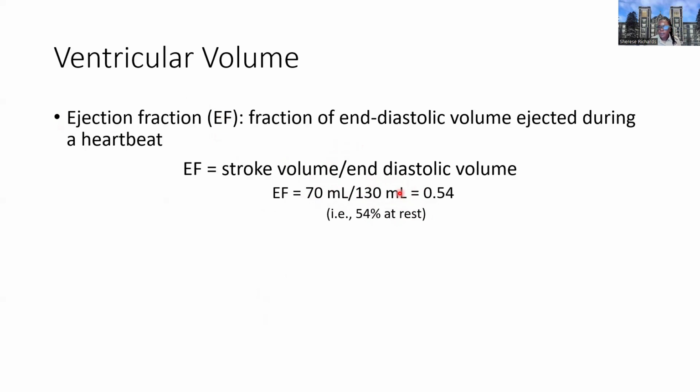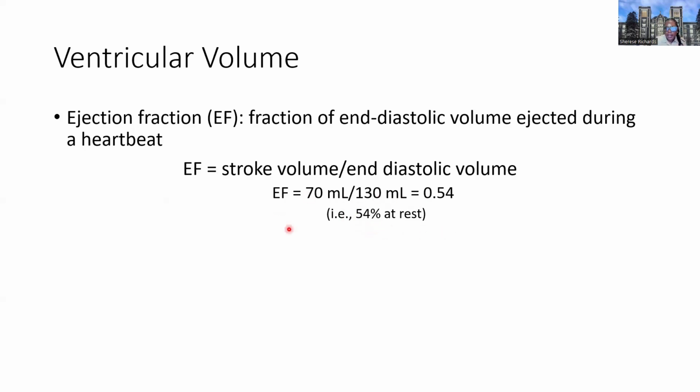What proportion of the total volume filled was actually ejected? And so that's going to be about 0.54 or 54% ejection fraction at rest, which is to say about 54% of your blood actually leaves your chamber and about 46% of that will remain as your end systolic volume.